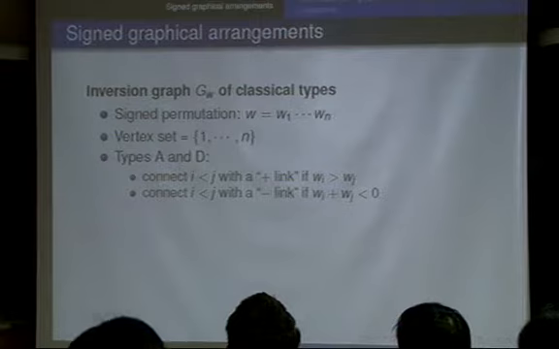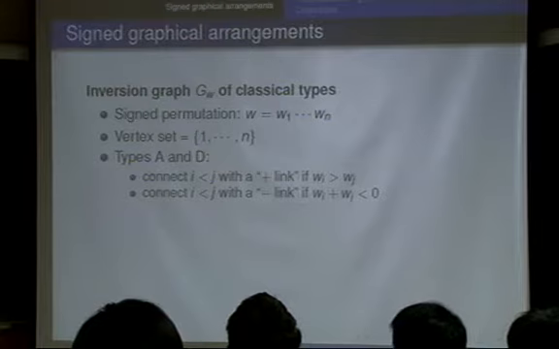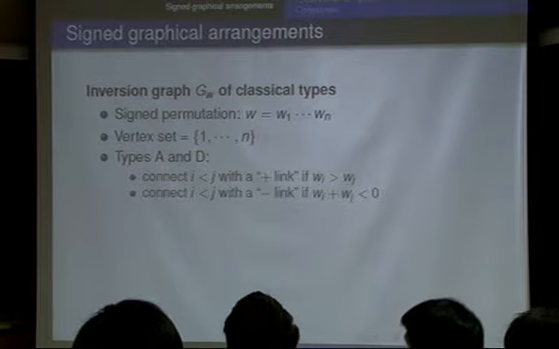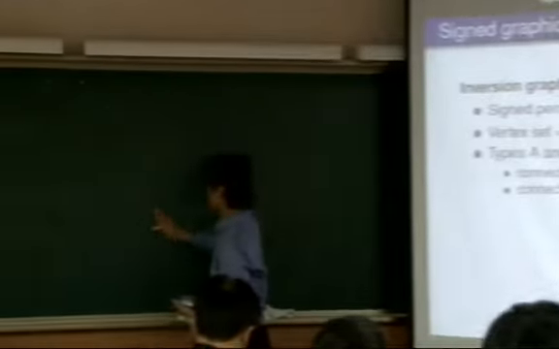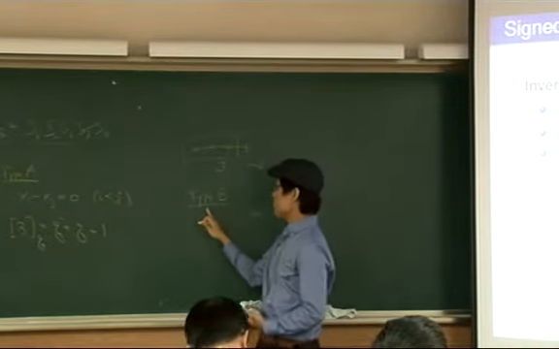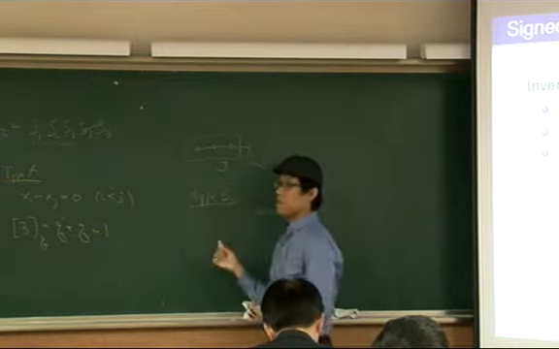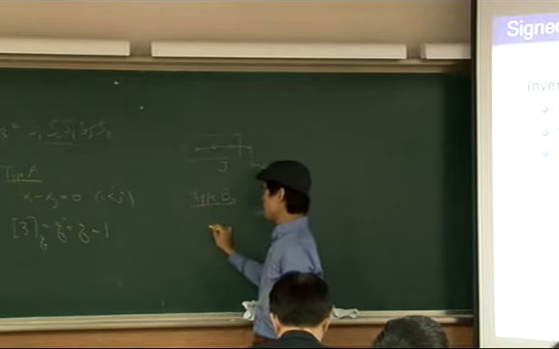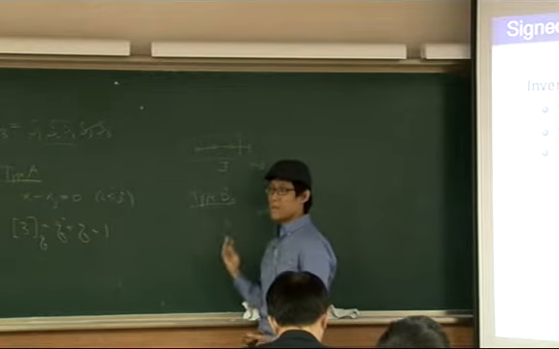What is wi? wi is a number between negative n and n, except 0. For example, in type B3, it's a permutation of 1 to 3 plus signs.